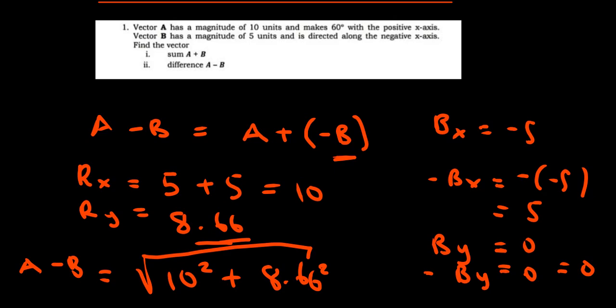When we punch this in a calculator, we will get that our final answer is going to be 13.23. So that is our final answer, and that is the difference of a minus b. Okay, that's all for this video. Thank you for watching.